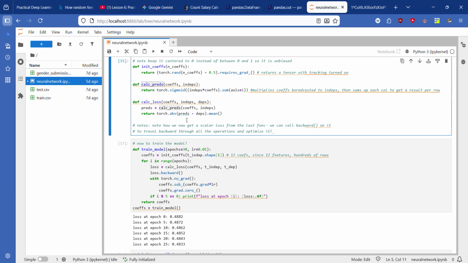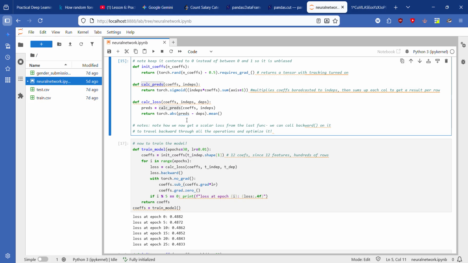The reason for that is we want to see how well our prediction was compared to the actual results. Did our prediction of whether they survived or not match up with what was reality?